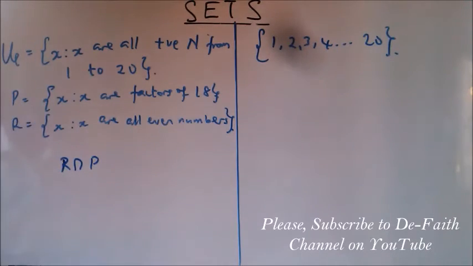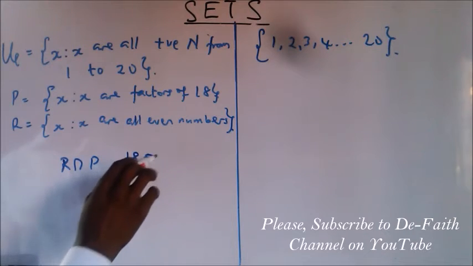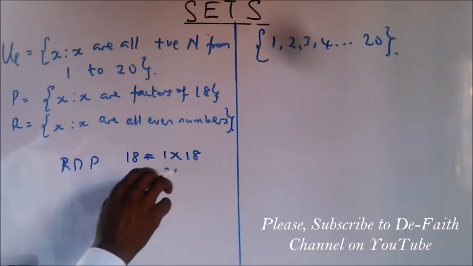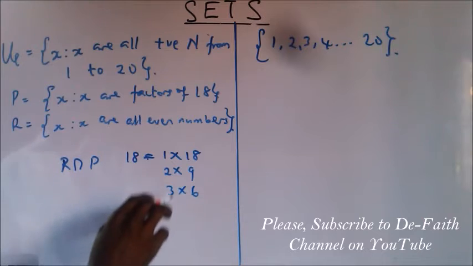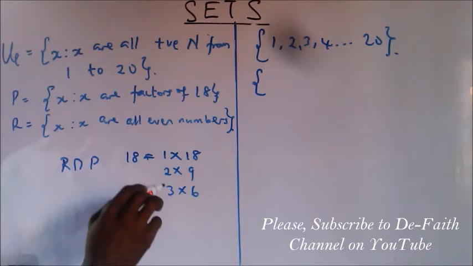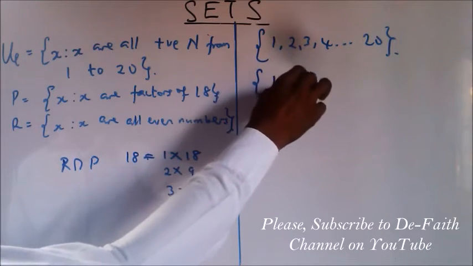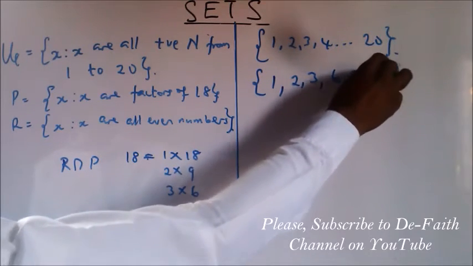Then for P, we are told that they are factors of 18. When we are talking about factors of 18, those are numbers that when we multiply them, they are capable of giving 18. So for instance, 1 multiplied by 18, 2 multiplied by 9, 3 multiplied by 6. Now, the factors of 18 that we are talking about here will be 1, 2, 3, 6, 9, and 18.